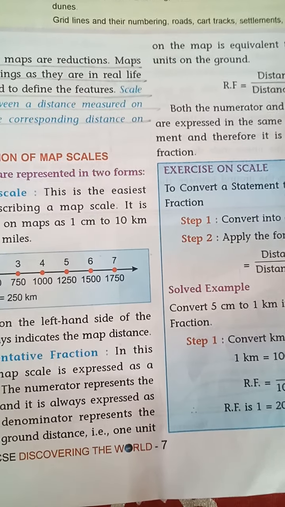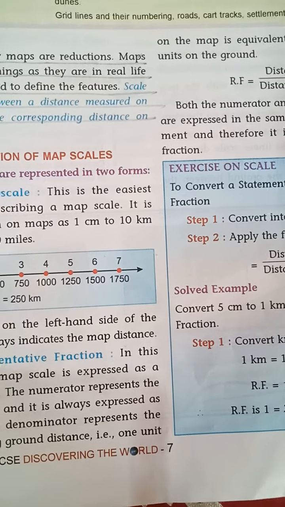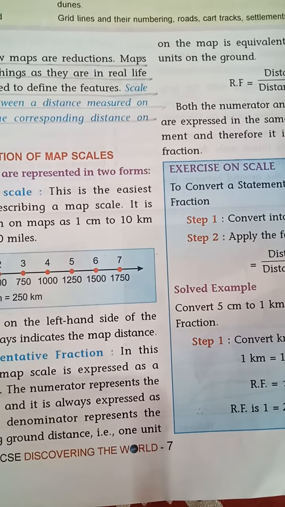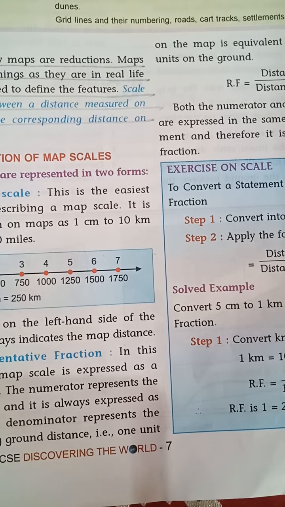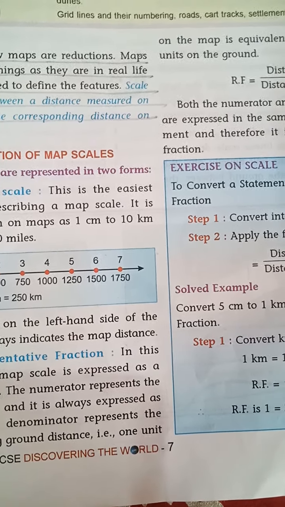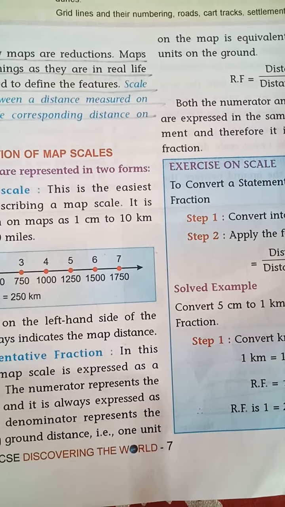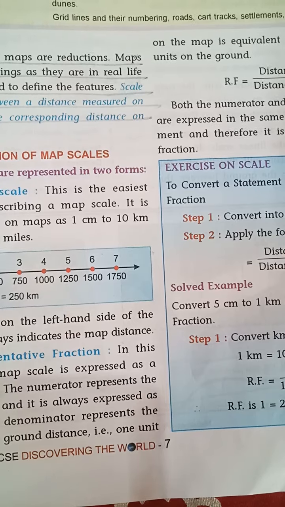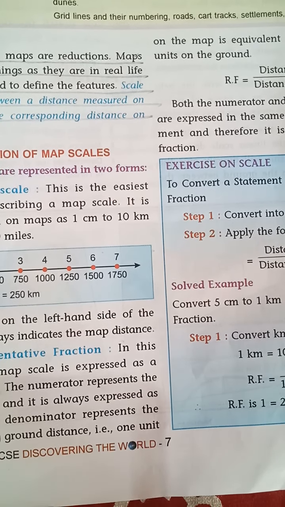The second is representative fraction, which we also call RF. In this method, the map scale is expressed as a numeric ratio. The numerator represents the map distance and it is always expressed as unity.